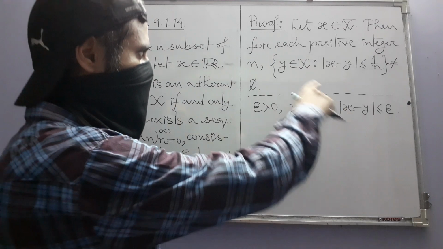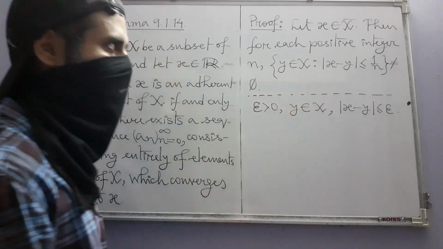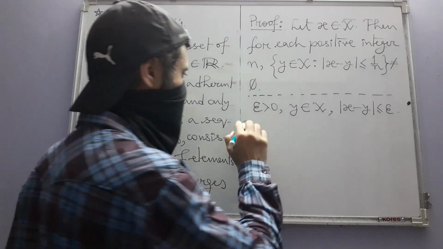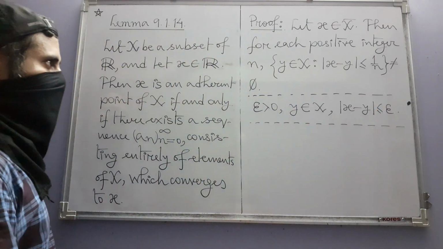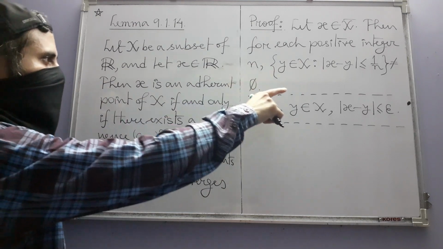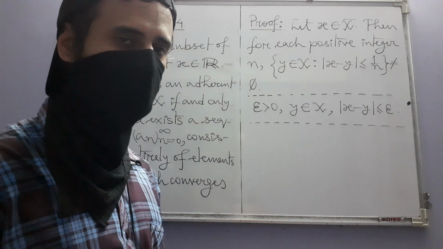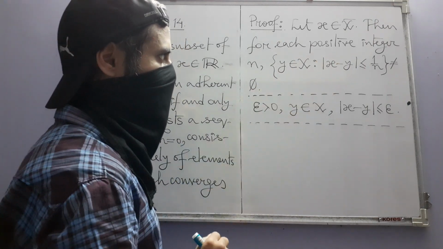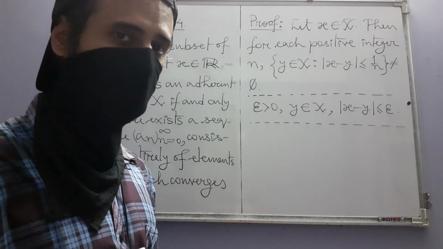So that means at least one such y is there, and that's why this set is non-empty. Okay, so this is the reason. So now we are looking at a family or a collection of sets indexed by the positive integers, and all these sets are non-empty. So this is a situation where we can use the axiom of choice.